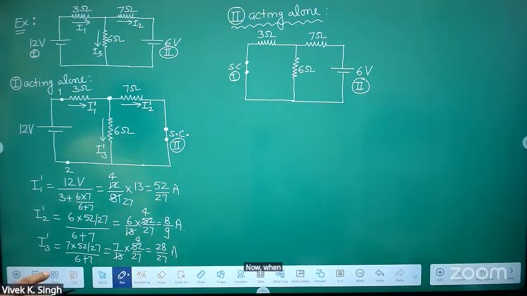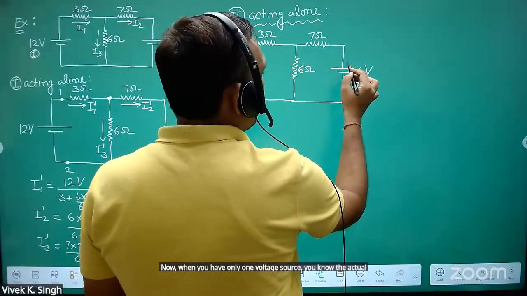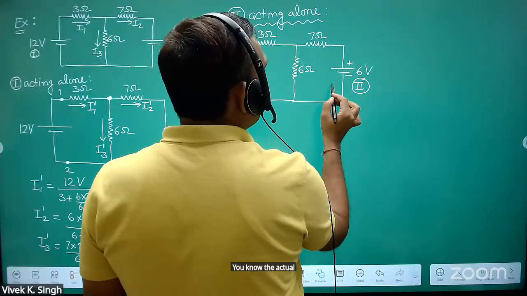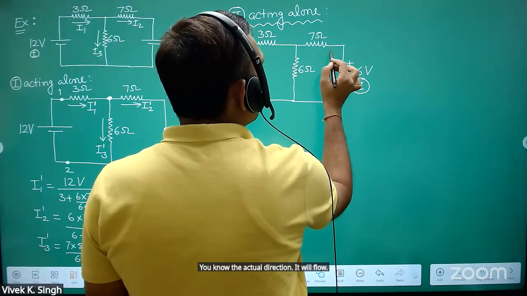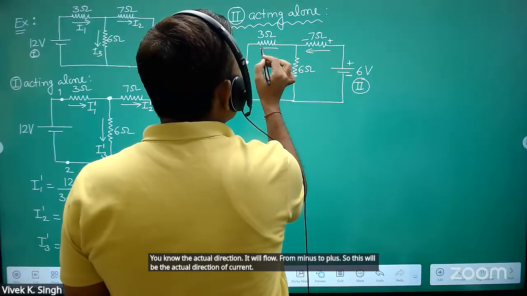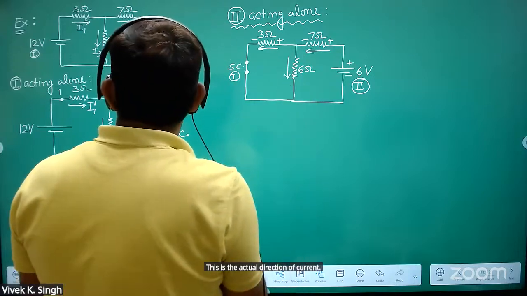Now, when you have only one voltage source, you know the actual direction of current. It will flow from minus to plus. So this will be the actual direction of current. Clear?